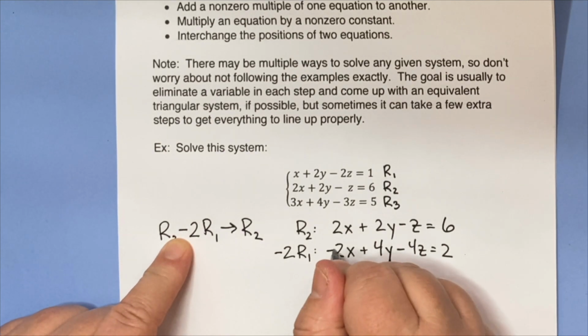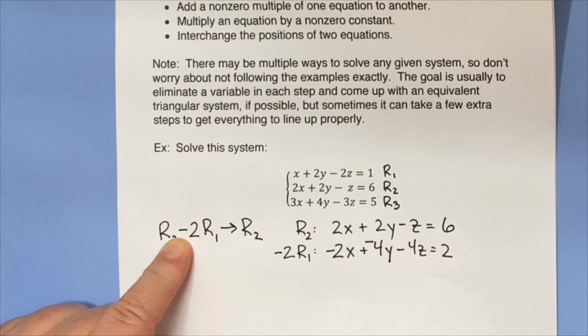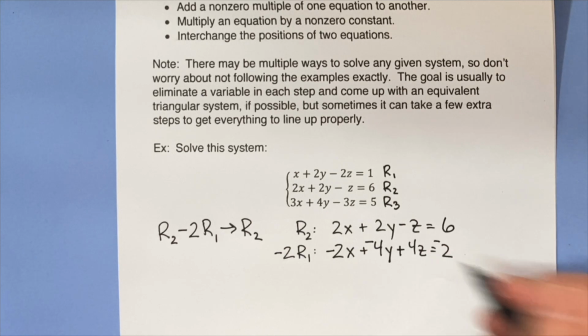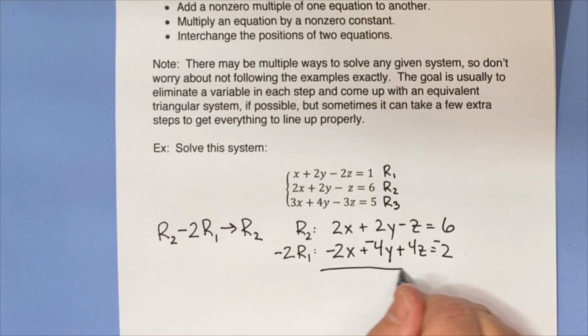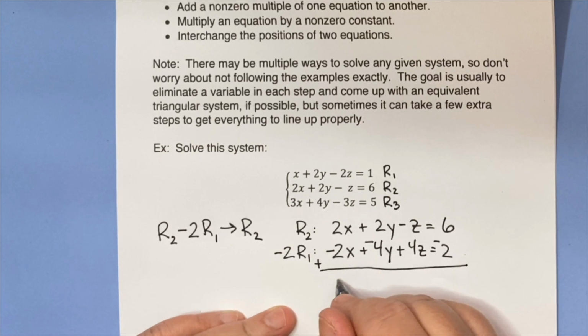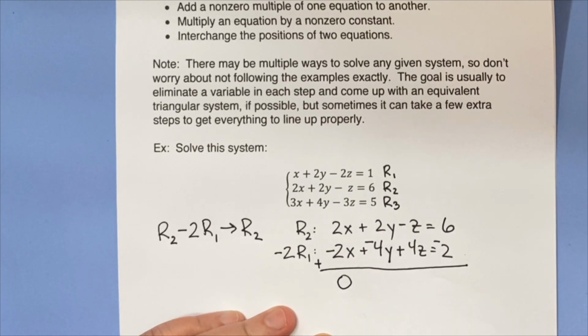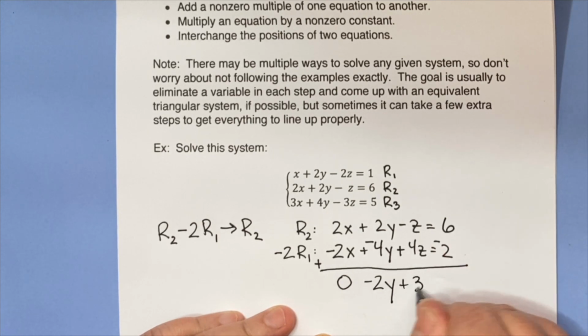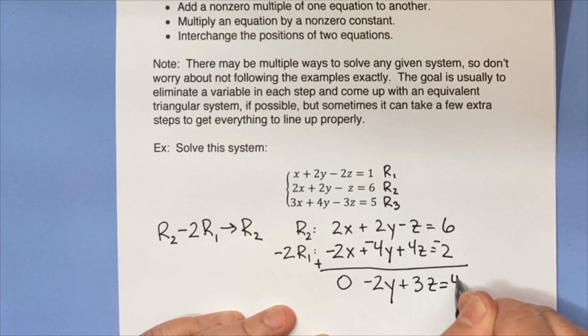That makes this a -2x, a -4y, a +4z, and a -2. If you're not going to worry about that, which I totally understand, then you can consider it subtraction. I'm going to leave it up to you. We're adding the opposite. Now, when we add, the x's cancel out. Then I get -2y plus 3z equals 4.